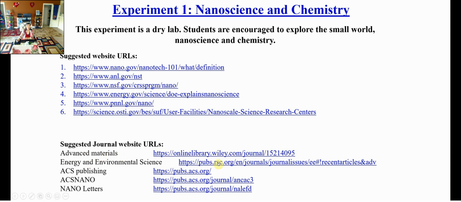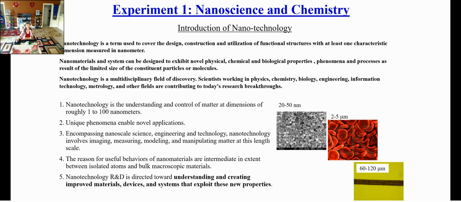The second one is published by the Royal Society of Chemistry. And also you have ACS Publishing. Particularly I choose 2 different journals: one of them is called ACS Nano, the second one is called Nano Letters. You can explore these websites to study more and to read other people's research discoveries.